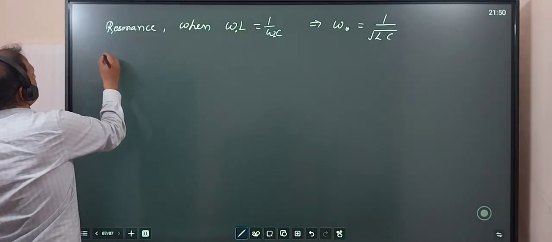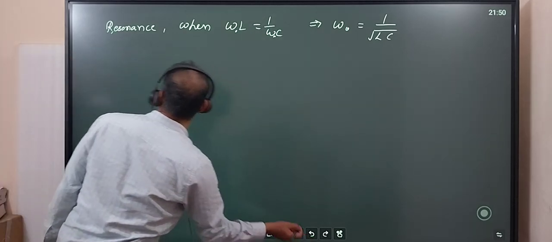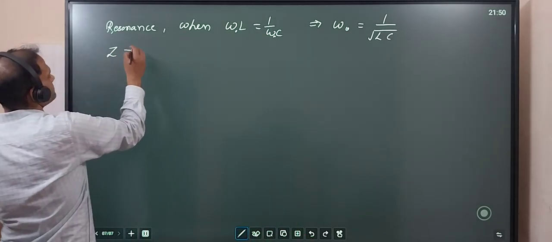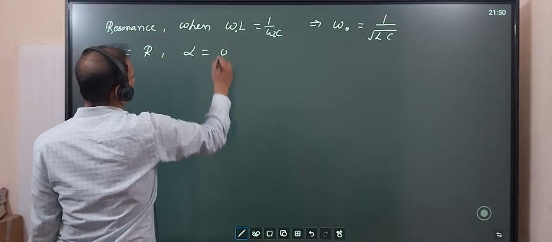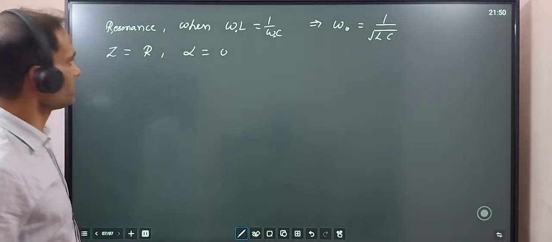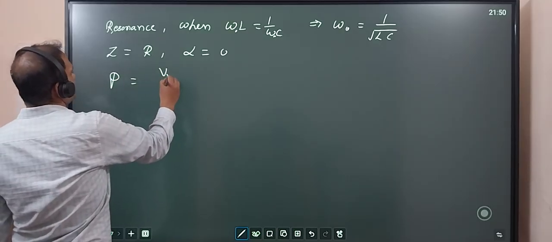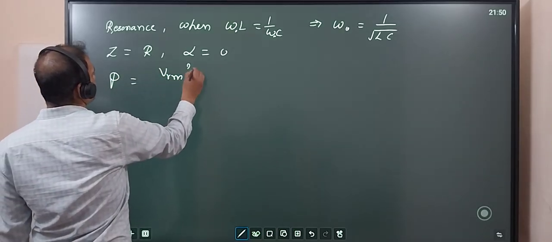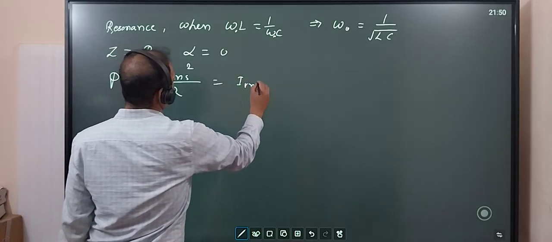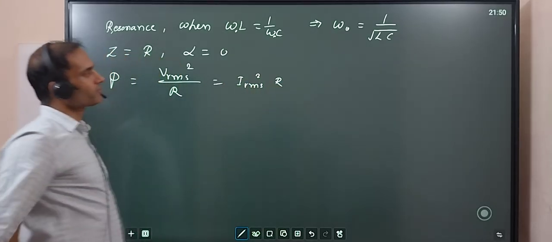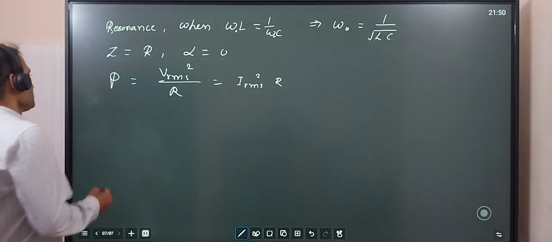Z will become simply R, impedance is R, and alpha is 0, no phase difference. Okay, and power will be VRMS the whole square by R, or IRMS the whole square into R. In this case power dissipation will be maximum.